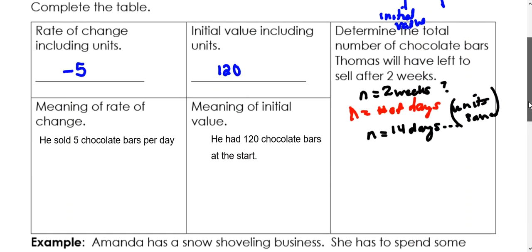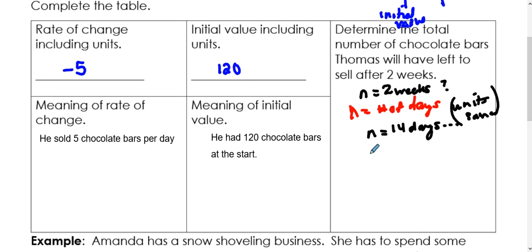Okay. So now I can use my equation. So I have 120 minus 5n. C equals 120 minus 5 times 14. I have no idea what 5 times 14 is. Actually, I probably do, but I'm going to make sure it's right.